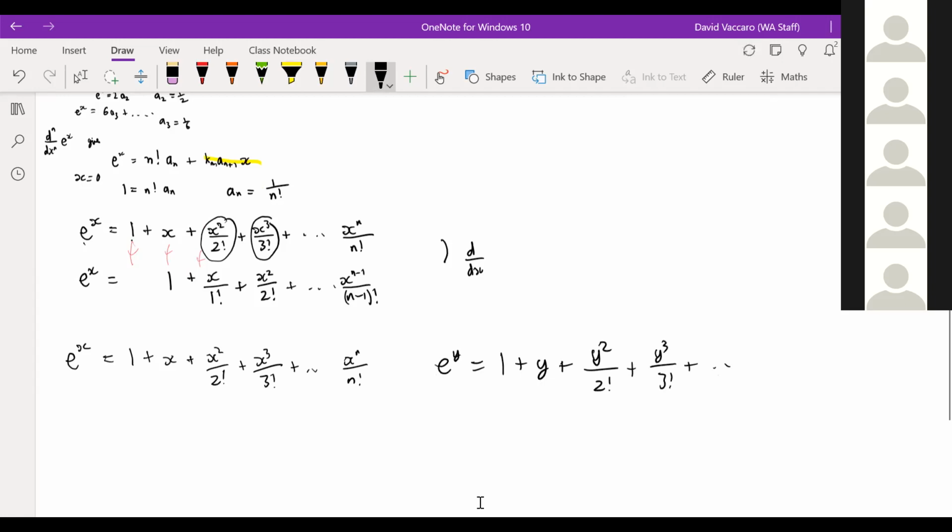See what you get when you multiply those two things together. It'll be a nice exercise, but you should be able to prove that if you multiply those right-hand brackets together, e to the x times e to the y is equal to e to the x plus y.